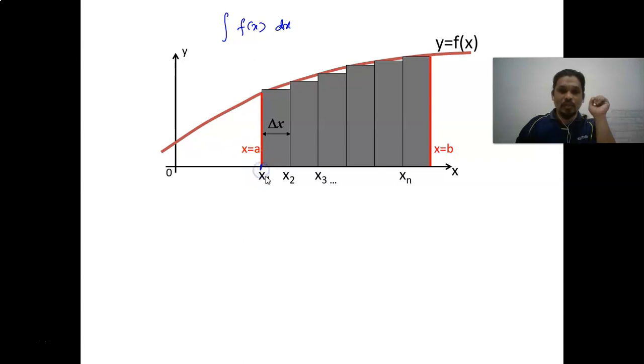We divide the area from x equal to a until x equal to b into pieces: 1, 2, 3, 4, 5, and 6.